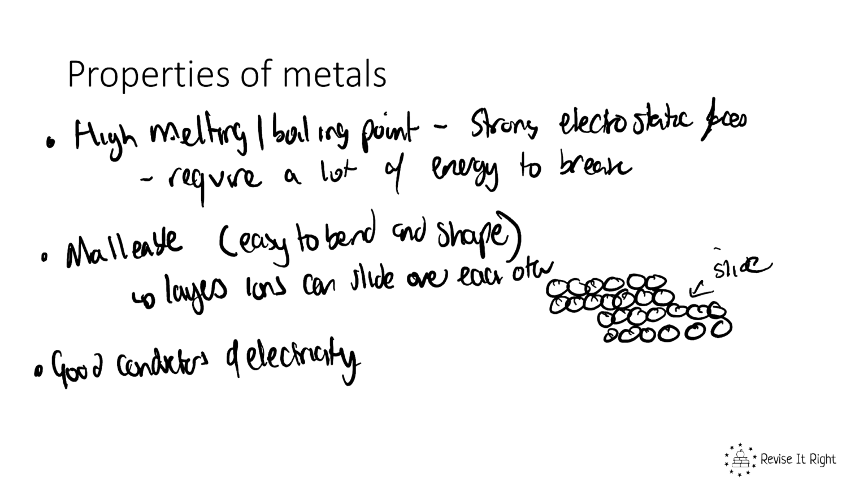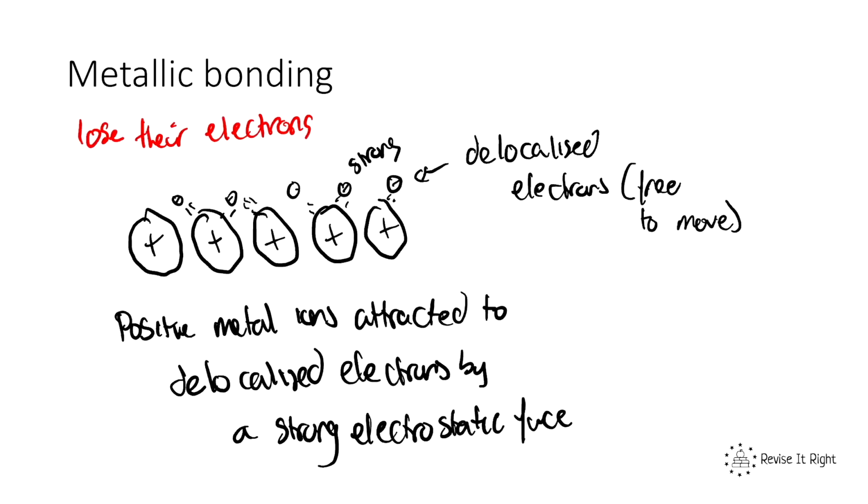This fits our metal very well because the delocalized electrons are charged, and perfectly these delocalized electrons are also free to move. Therefore they can carry the charge between and through the metal, making metals good conductors of electricity.